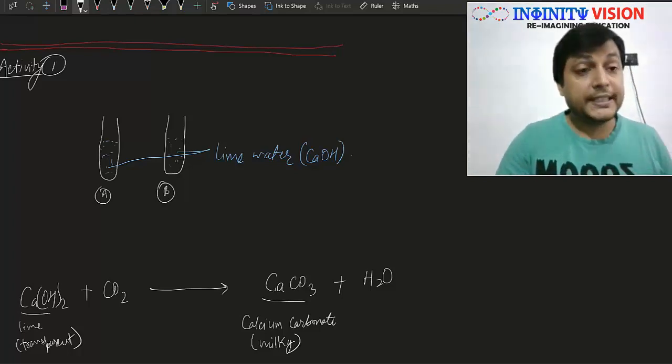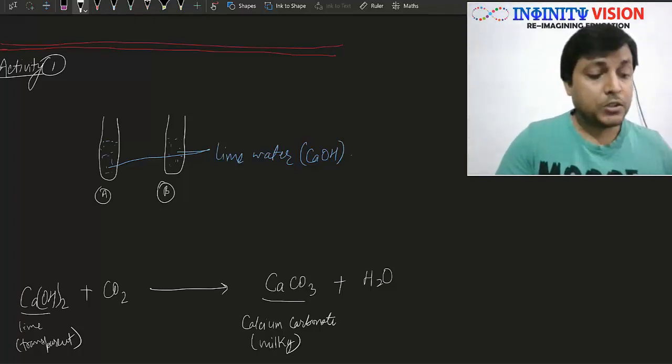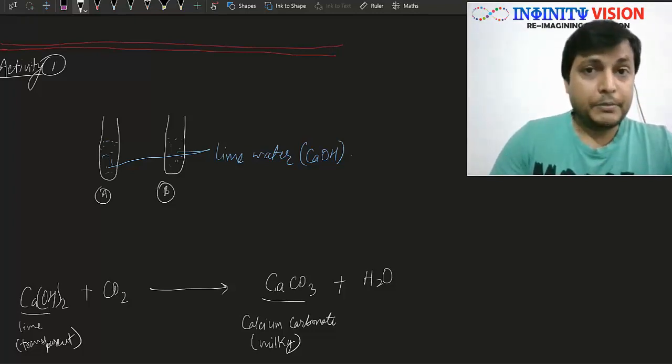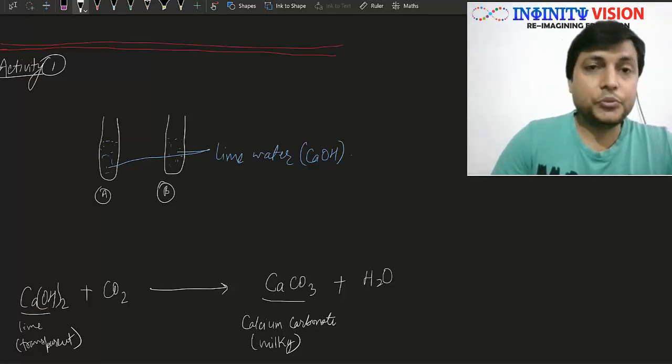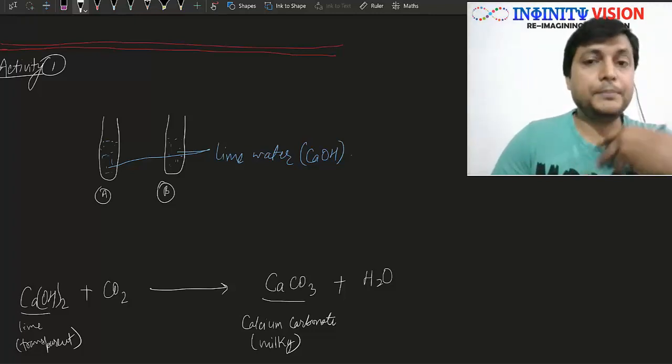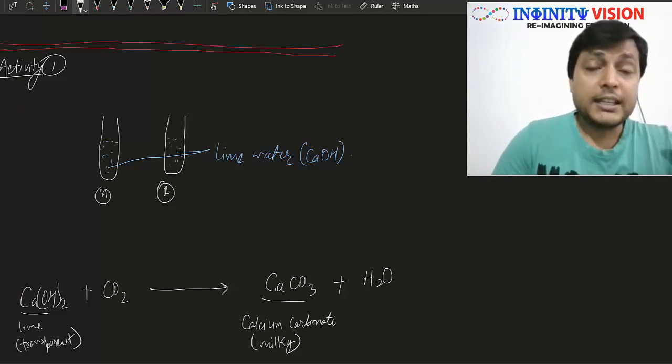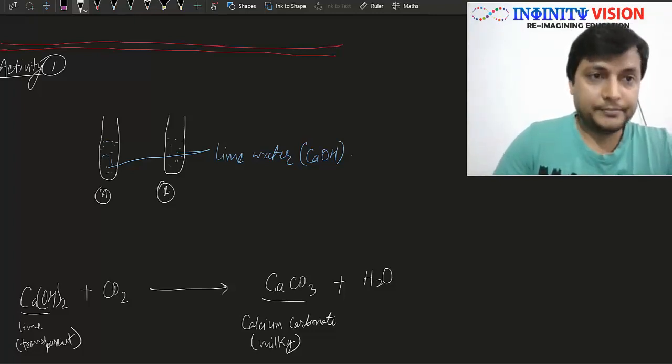Now this information we can use to test the production of CO2 by any chemical reaction, particularly respiration. So in the first activity, we are trying to see if the exhaled air that we produce after respiration has CO2 or not.